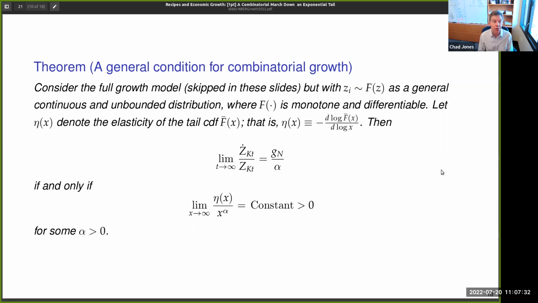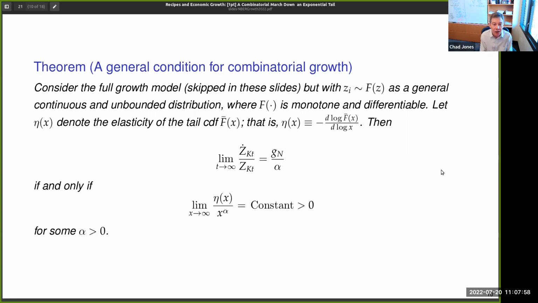But then the next result is, look back at that growth model and now let Z be drawn from a general distribution, right? Continuous and unbounded. Let eta of x denote the elasticity of the tail CDF. Okay, so eta of x is d log f bar over d log x. That's a negative number, so we take the negative of that to make it positive. So eta of x is the elasticity of the tail CDF.